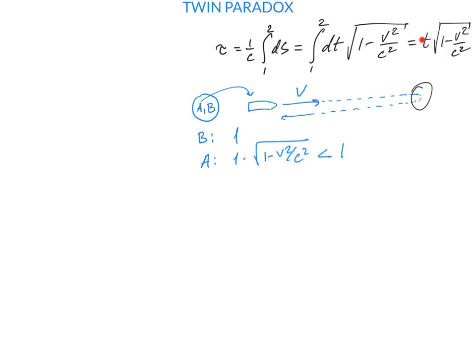Now, t would be the time shown by her clock, and she would incorrectly conclude that Bob's clock should show a smaller time interval than hers. This would be an incorrect conclusion, and we could just say that she shouldn't have applied the formula in a non-inertial reference frame and stop at that.